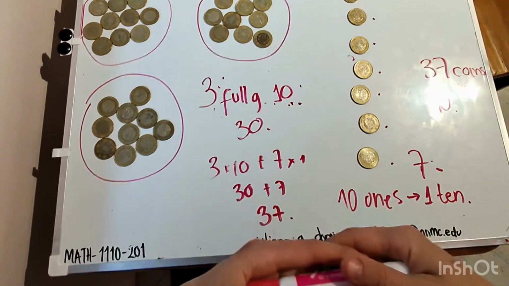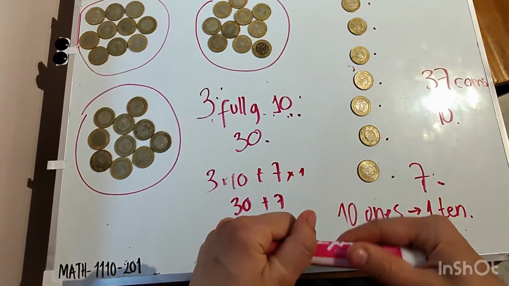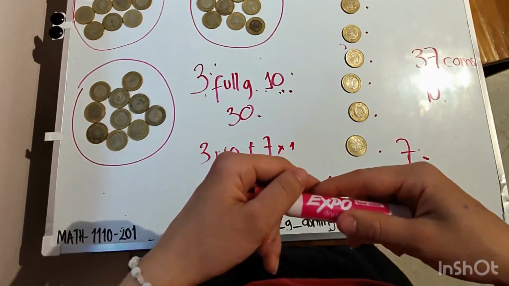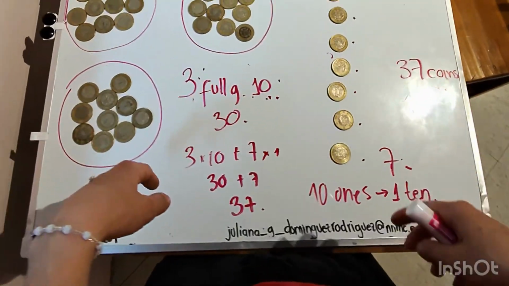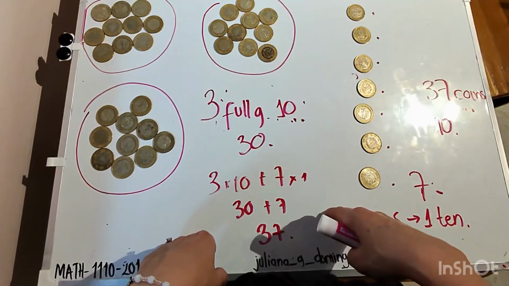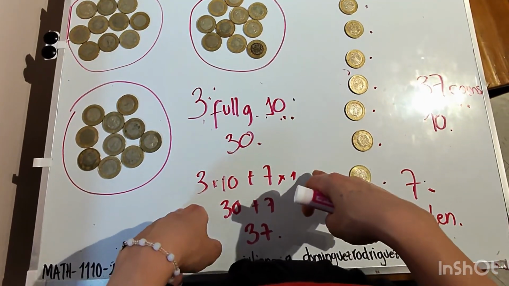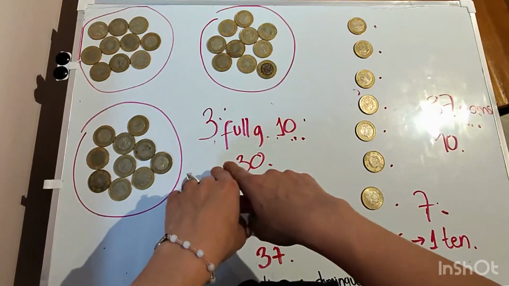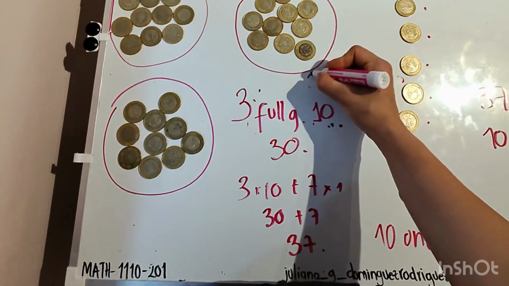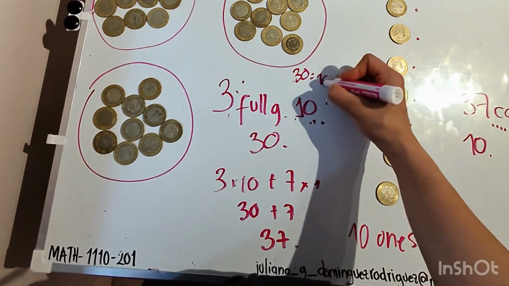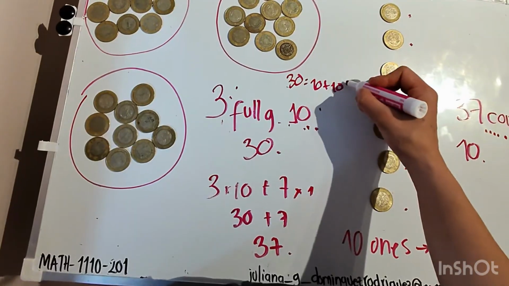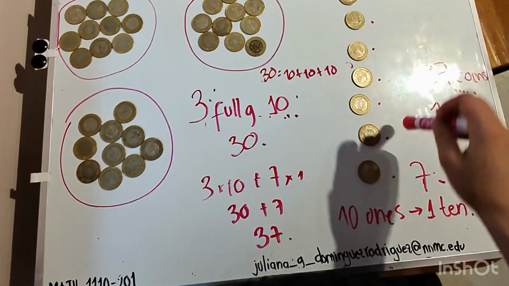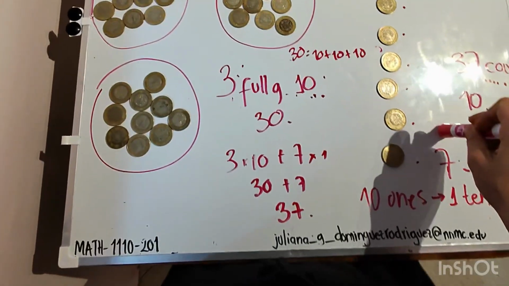Now I want to connect this activity and be clearer with the place value definition. So earlier we just grouped 37 coins into groups of 10. We made 3 full groups of 10, because 10 plus 10 plus 10, and 7 coins left over.